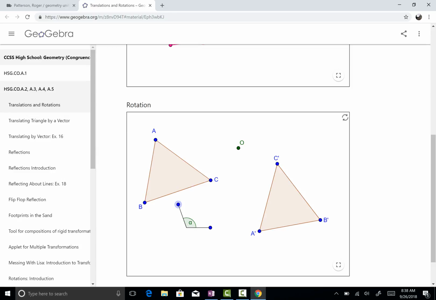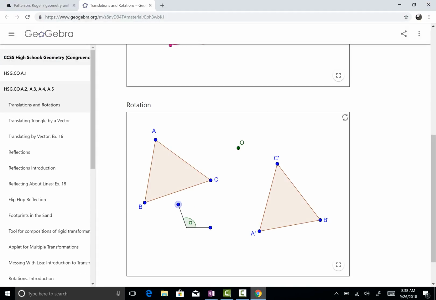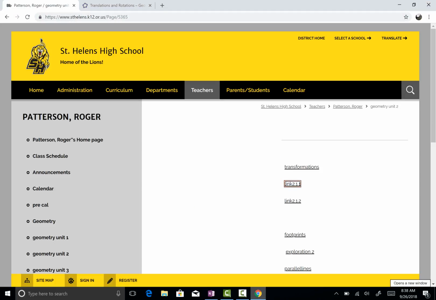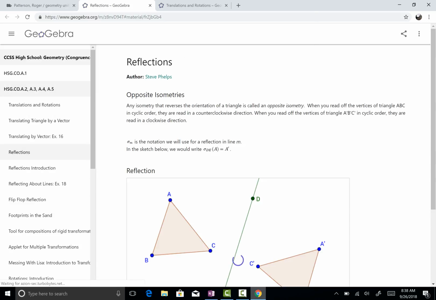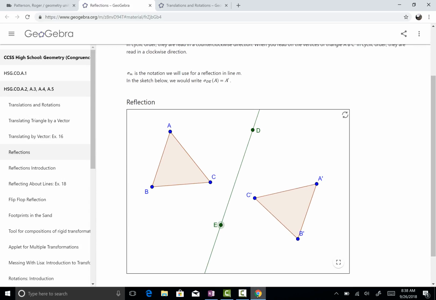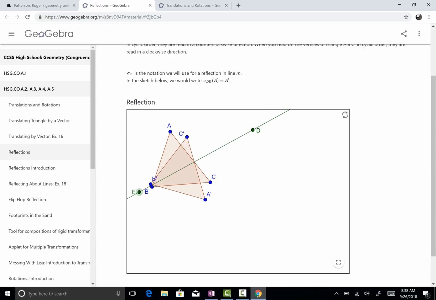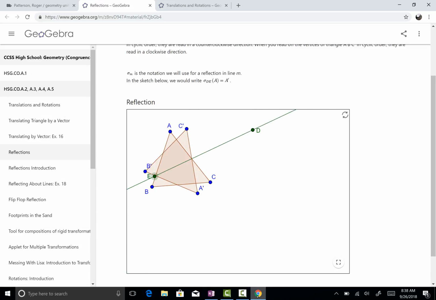Then we went to link 2.12. Here's a reflection. So now, on the reflection here, again, we need a line. But see how these are not lined up, it's hard to get it to line up correctly.